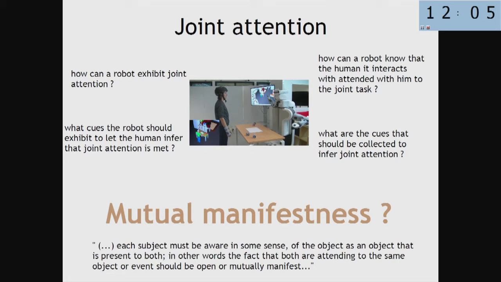How can a robot exhibit joint attention? What cues should the robot exhibit to let the human infer that joint attention is met? And on the other side, from the robot side, how can a robot know that the human it interacts with attended with him to the joint task? What are the cues that should be collected to infer joint attention? And to me, such questions are still open questions.